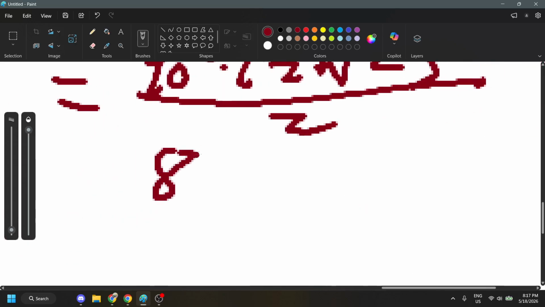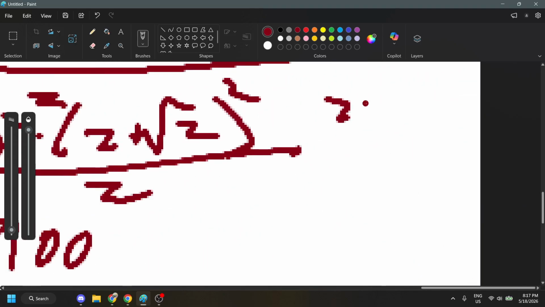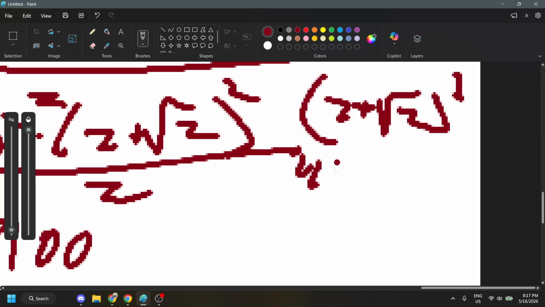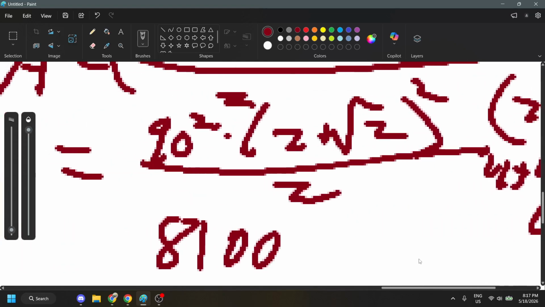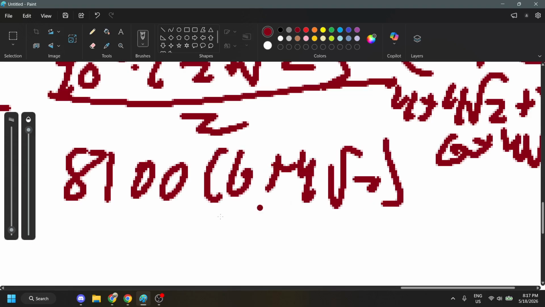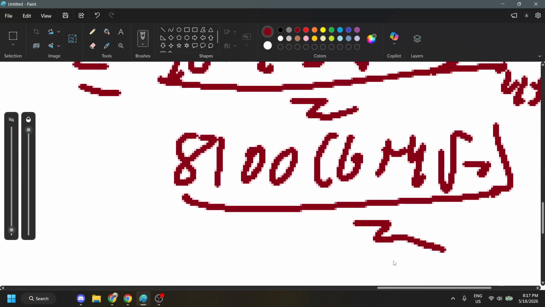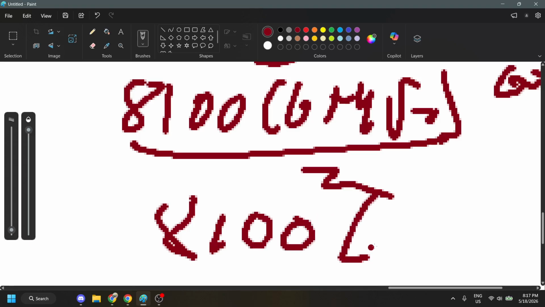Yeah, so 8100 times (2 plus root 2) squared, which is 4 plus 4 root 2 plus 2, so 6 plus 4 root 2, over 2. Just take that out: 8100 times (3 plus 2 root 2).